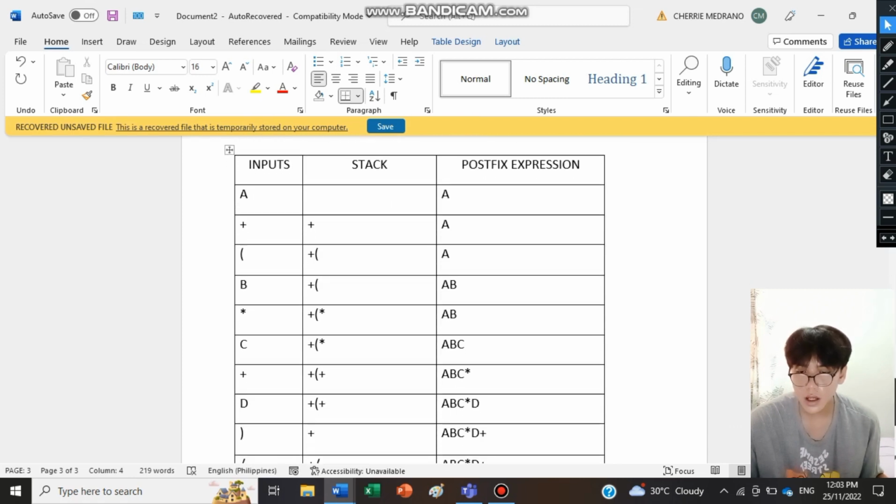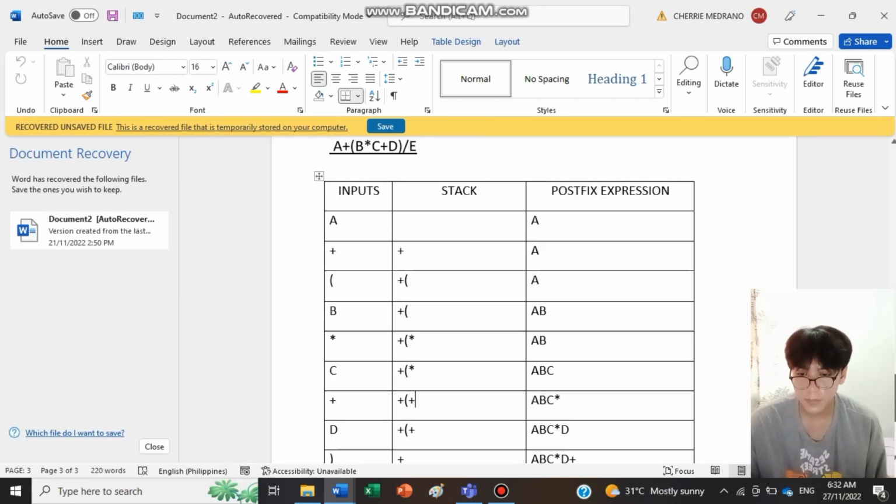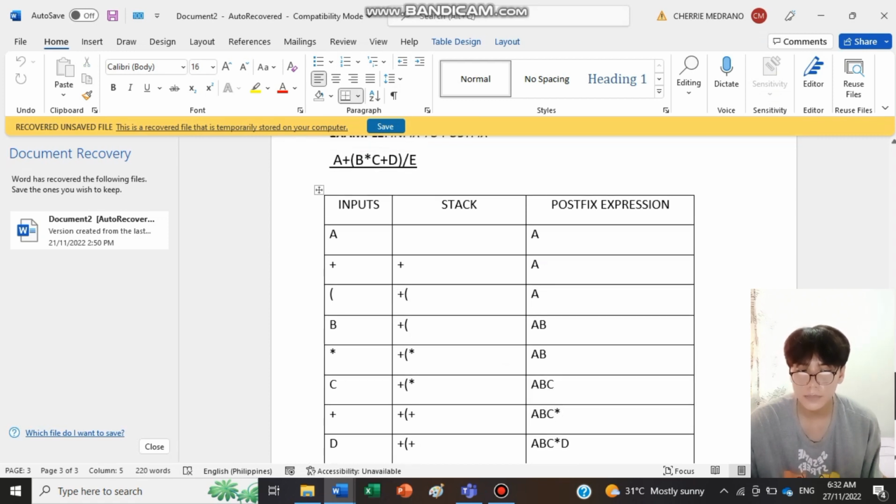Since the asterisk or multiplication operator has higher priority than the plus operator, what we're going to do is pop the element that is already inside our stack. The asterisk was the first one in the stack, so we pop it. So now in our postfix expression, we have A, B, C, times. It arrived here because we popped it from the stack column.